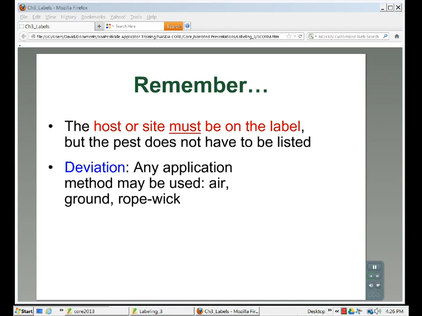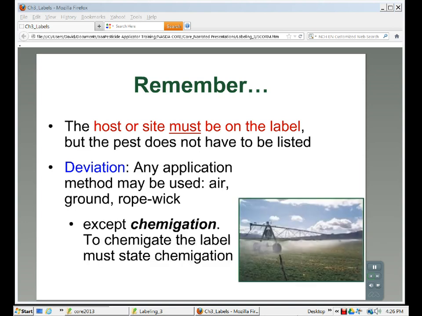Pesticide labels allow the applicator to use any application method, even a method that's not specifically listed in the directions for use. There is one exception. To use chemigation, which is the application of a pesticide through an irrigation system, the label must state that chemigation is an allowable application method.